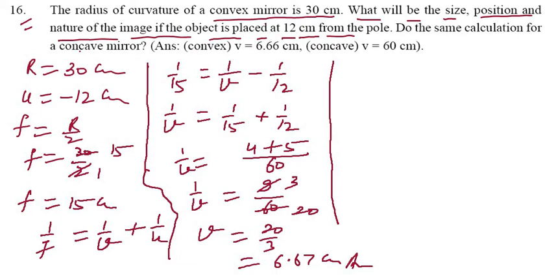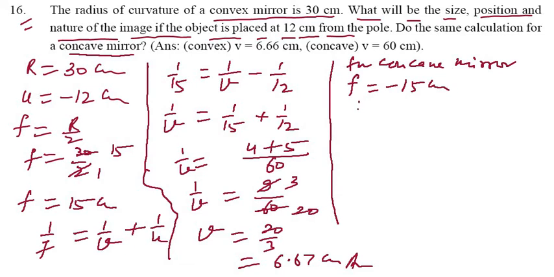Suppose the second answer is when it is a concave mirror. You can write for concave mirror, f is equal to minus 15 centimeter. So apply the formula 1 upon f is equal to 1 upon v plus 1 upon u. Put the value: minus 1 upon 15, and v we want to find, and here is minus 1 upon 12.